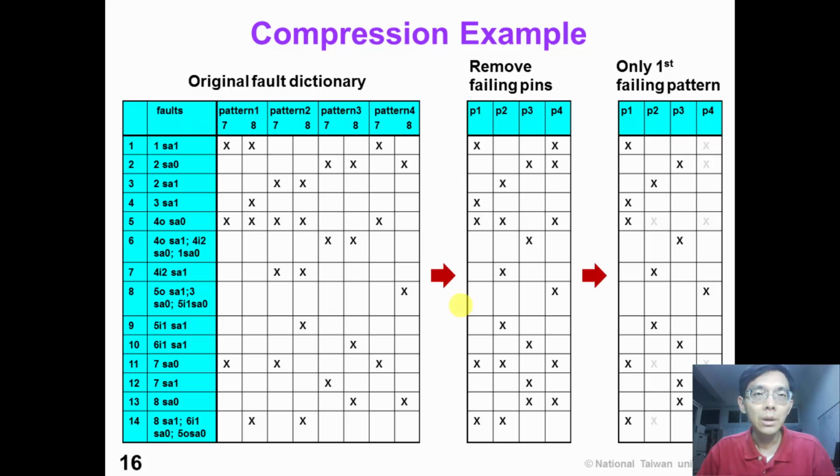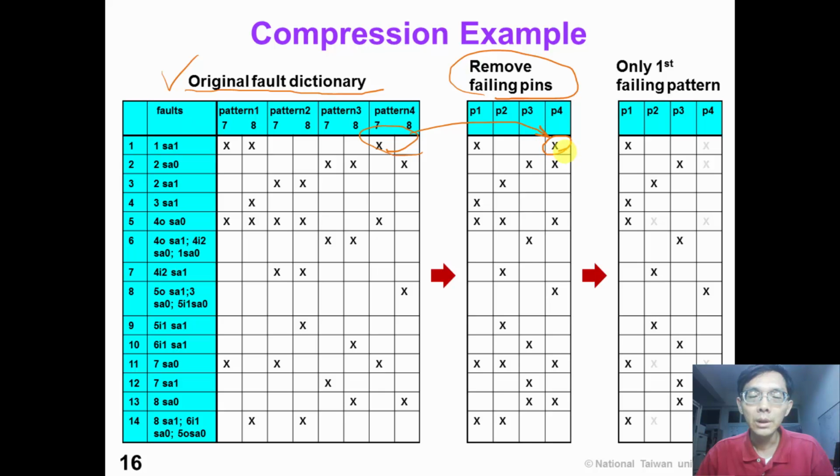This slide shows one example for dictionary compression. Suppose this is our original fault dictionary. We can remove the failing pin information. That means no matter whether output 7 or 8 fails the test, we will put an X here.